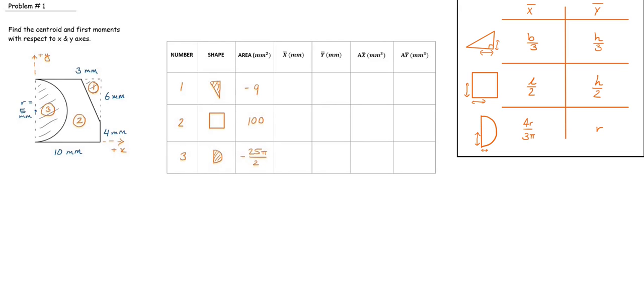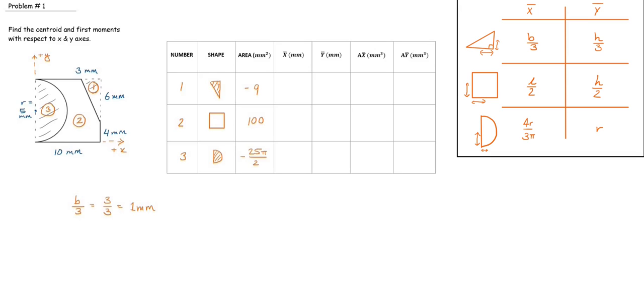So the centroid of the triangle in the x direction is equal to base divided by 3. In this case, the base is equal to 3 millimeters. But since it's not at the origin, you need to subtract the total length minus what we calculated to get x bar.